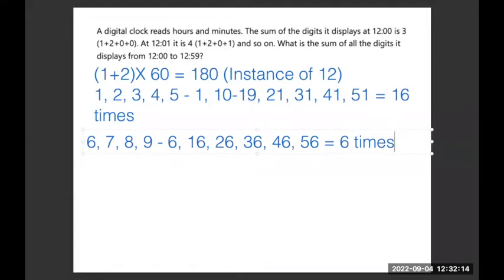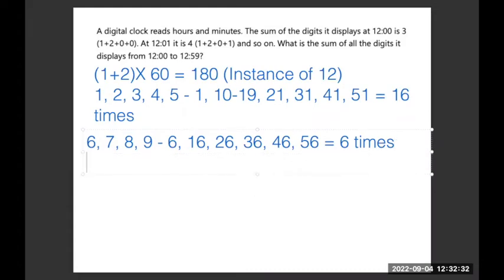No, that's not the answer. Okay. So 1, 2, 3, 4, 5 happens 16 times. 6, 7, 8, 9 gets repeated 6 times.